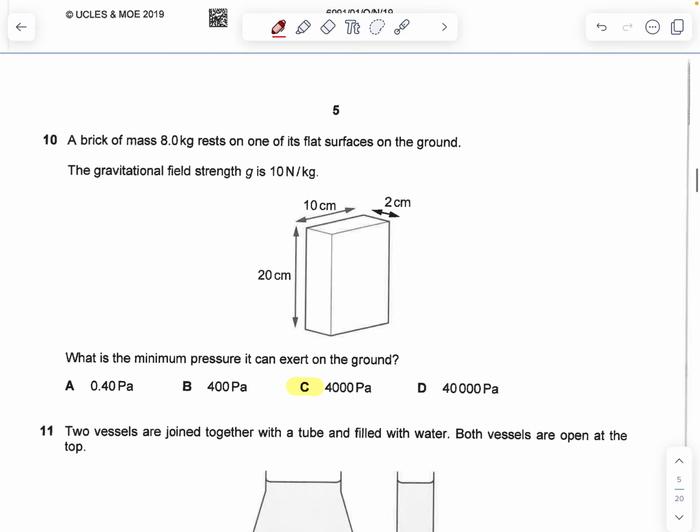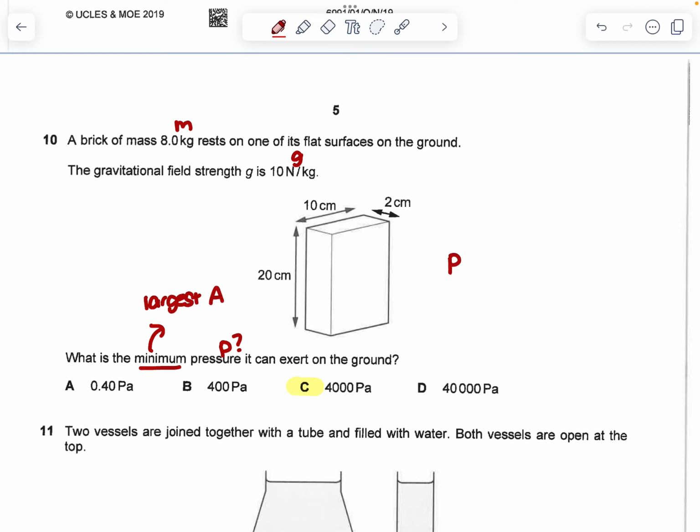Next, question 10. A brick of mass m rests on one of its flat surfaces on the ground. Gravitational field strength g is given. What is the minimum pressure that it can exert? For minimum pressure, you want the largest area.